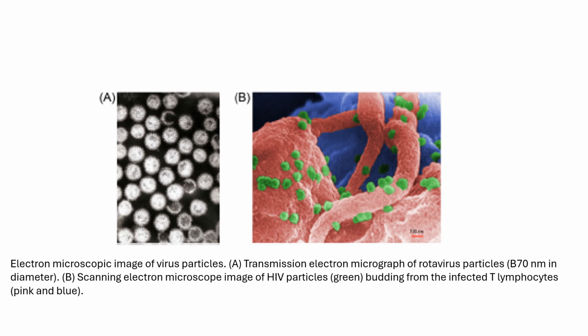Here we can see representative electron microscopic images of virus particles. The first one is a transmission electron micrograph of rotavirus particles. The second one is a scanning electron micrographic image of HIV particles, these green particles, budding from an infected T lymphocyte.